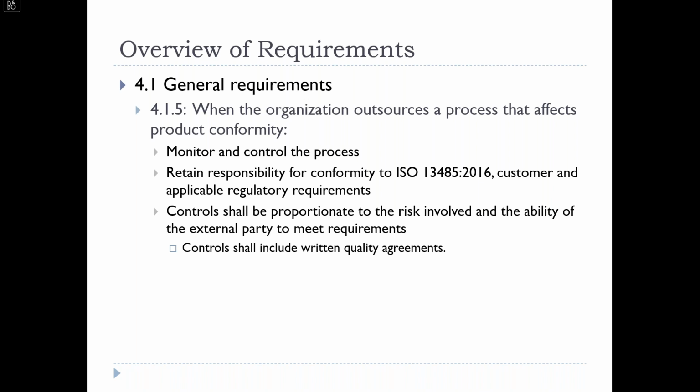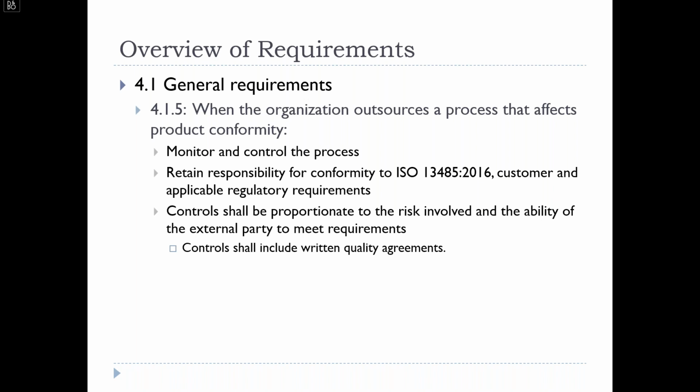They need to monitor and control the process. The organization themselves is responsible for conformity to 13485, customer, and applicable regulatory requirements. And the control shall be proportionate to the risk involved and the ability of the external party to meet requirements.